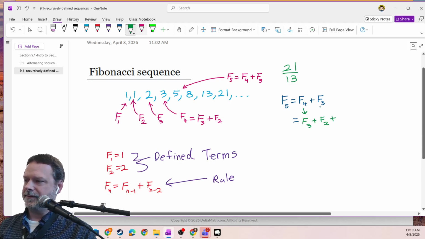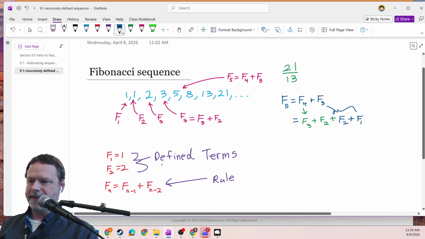But that F sub 3 is really going to be F sub 2 plus F sub 1. Okay, now F sub 2 and F sub 1, I know. Those were defined already, right? So I can stop with those. I can leave those alone.